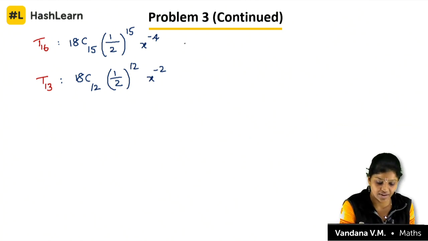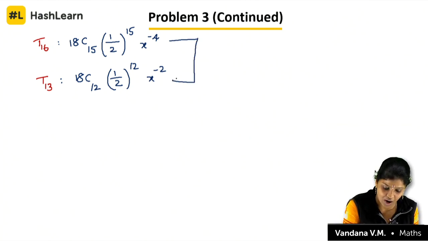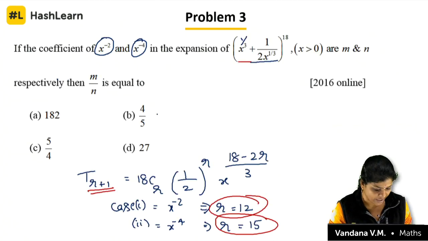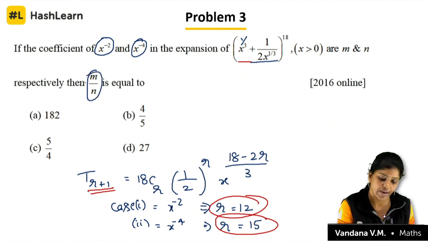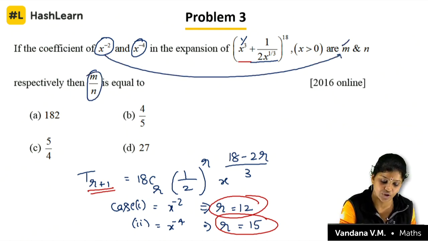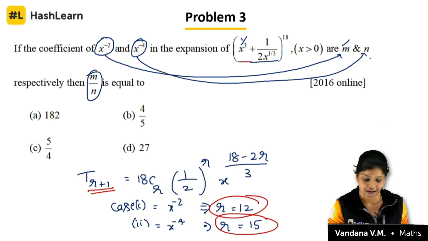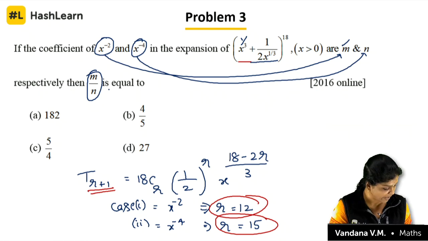What they said, children? Sorry, not equal. I have to find out m and n. M value is the coefficient of x power minus 2. X power minus 4, if you equate, you take that as n. Then find out m by n.